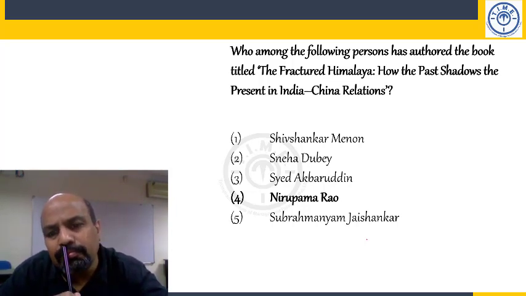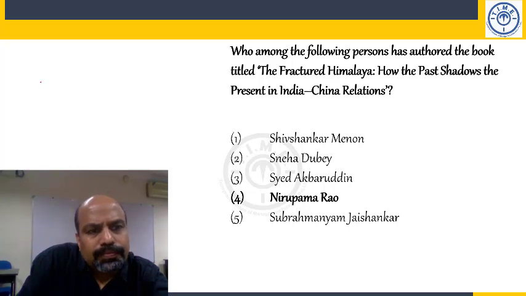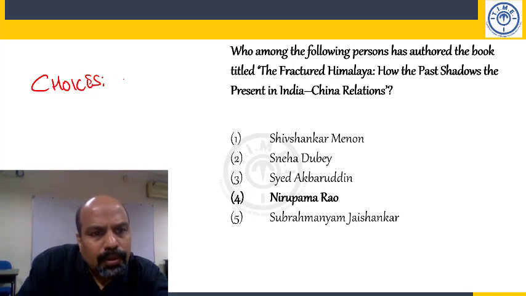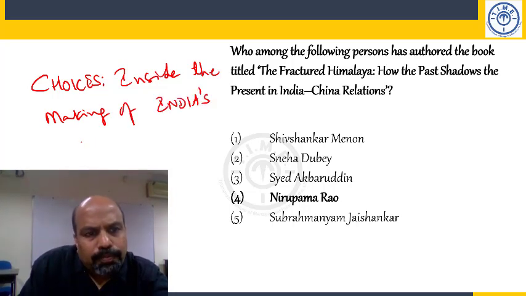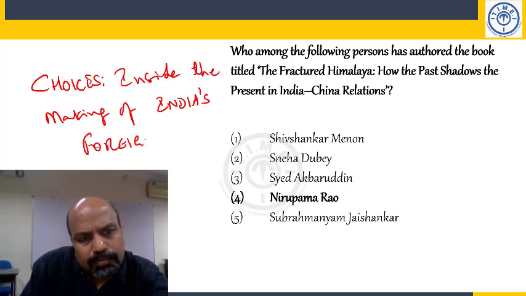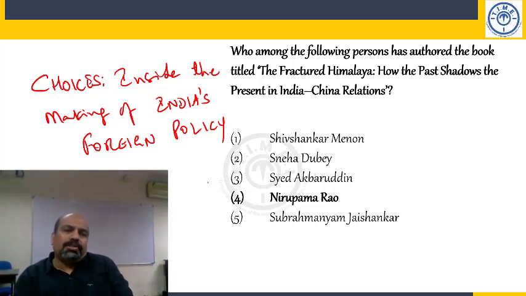Why don't we write the names of books of some of these people? Shivshankar Menon, one book: Choices: Inside the Making of India's Foreign Policy.